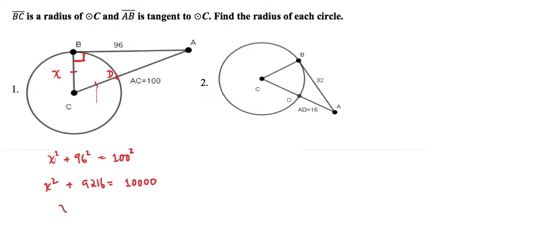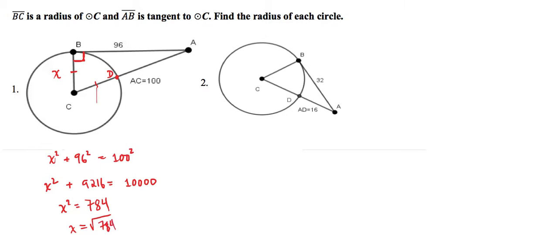So now if we do the subtraction, x squared is equal to 10,000 minus 9,216. So this gives us 784. X is equal to the square root of 784.